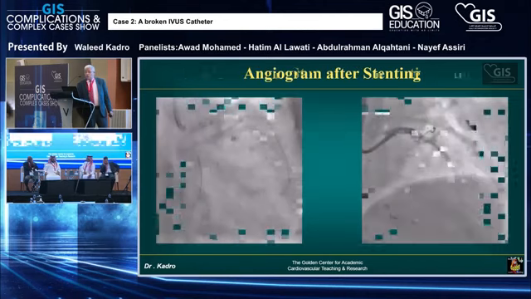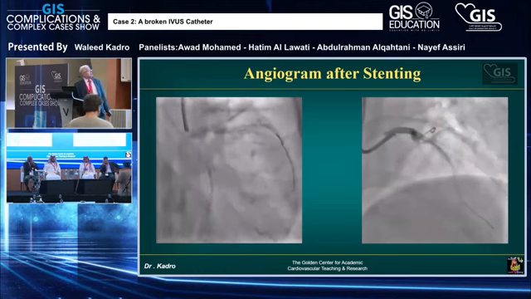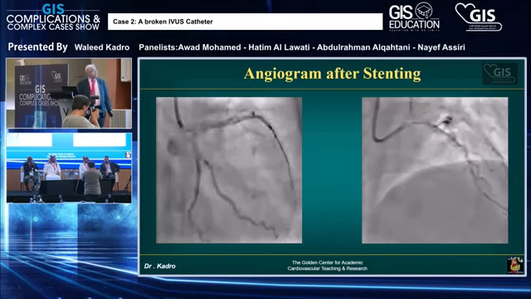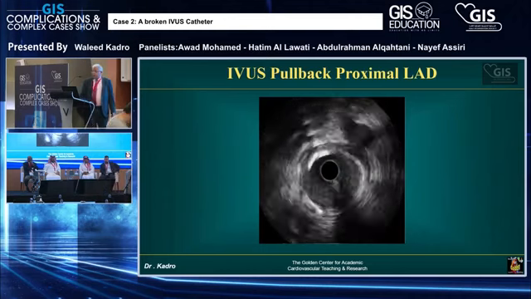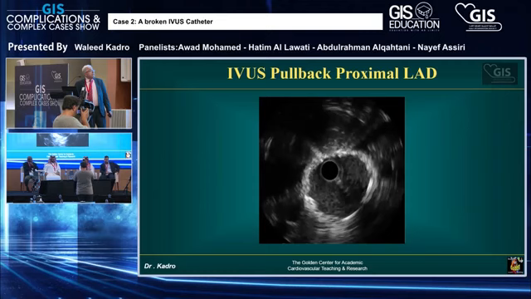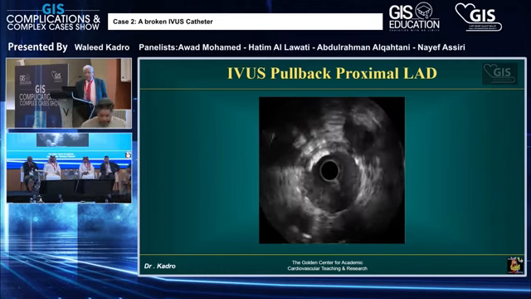So whether to do anything further, we put a wire in the circumflex and decided to do IVUS since we were working on the left main. This is the IVUS pullback from the proximal LAD back to the left main, and we see a well-apposed stent in the LAD.